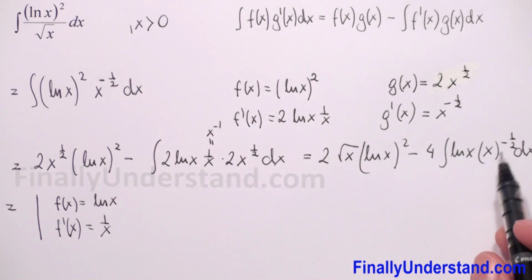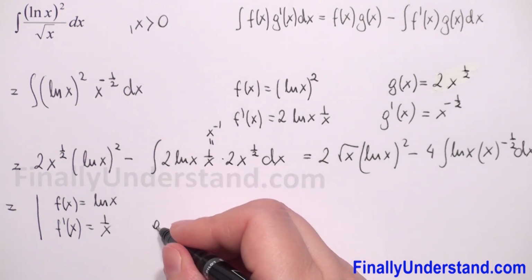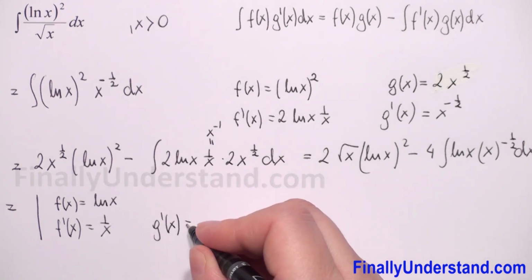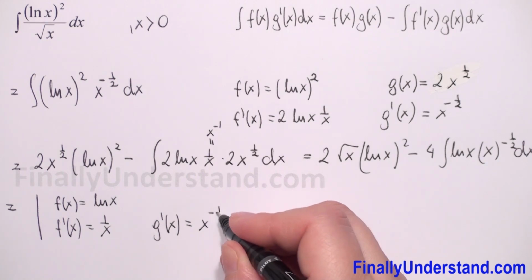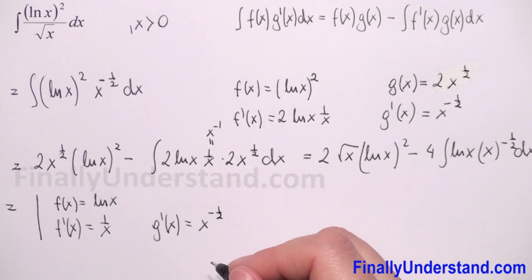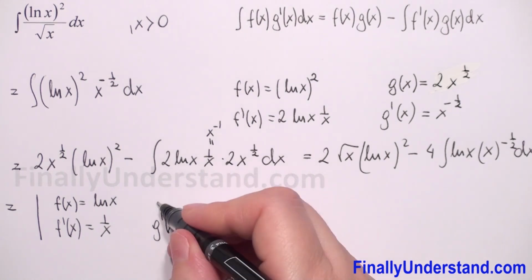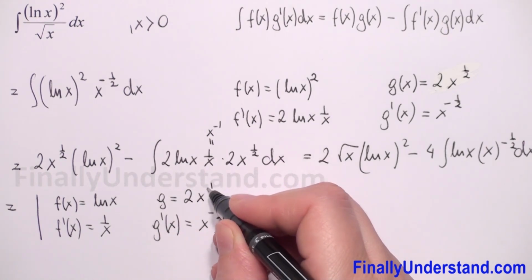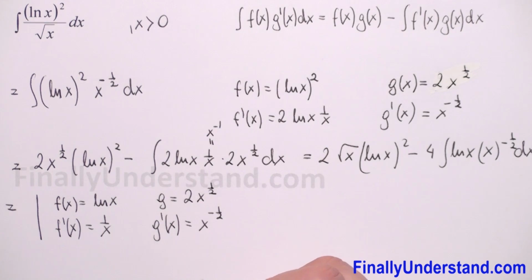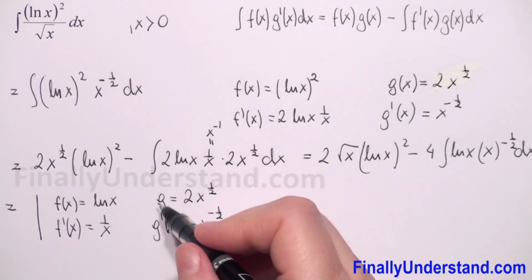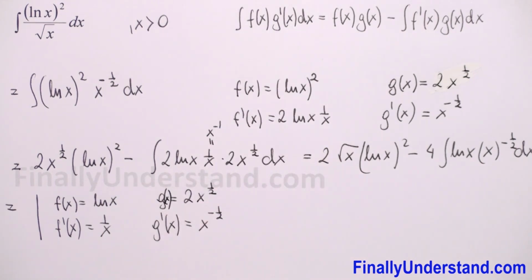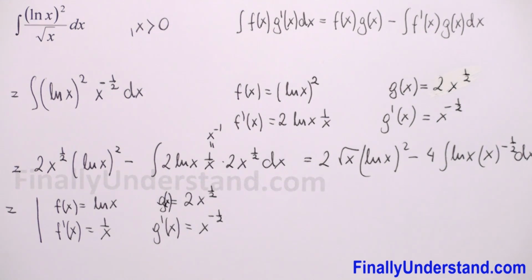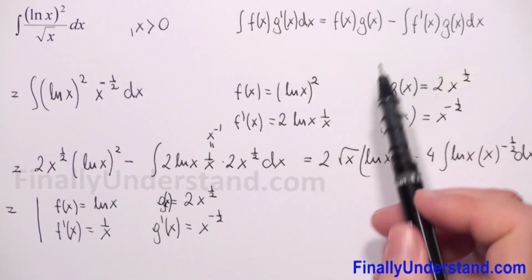So whatever is left must be our g prime. g prime is x to the power negative 1/2. So g is equal to 2 times x to the power 1/2. So now we have to again use this formula.